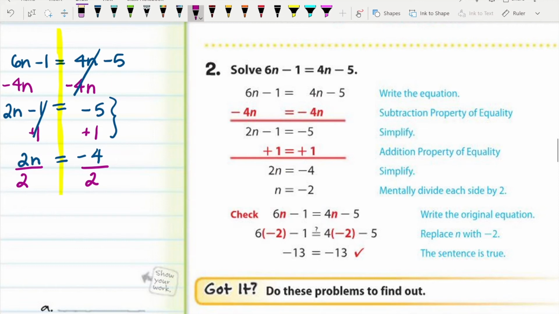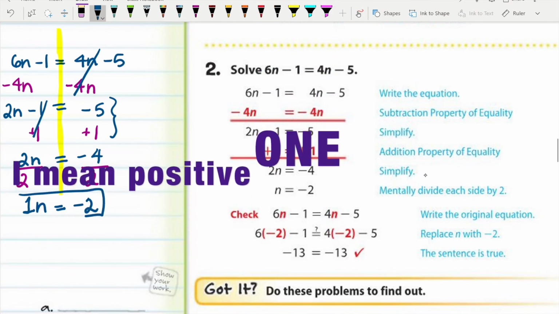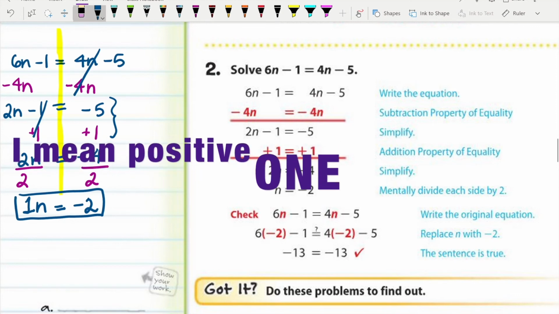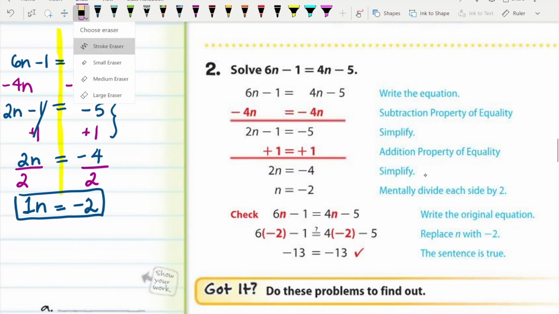Whatever you do to one side of the equation, you must do the same to the other. You now have 1n on the left, and we have negative 4 divided by positive 2, which will give you negative 2. Do we have to write that 1 in front of the n? By now you know that that is an invisible 1, so we can just write it as n.